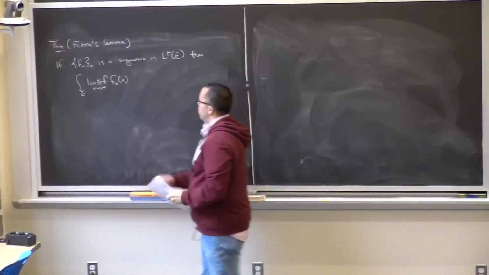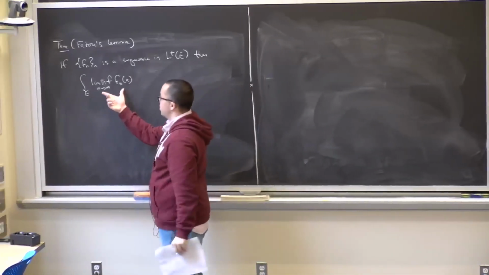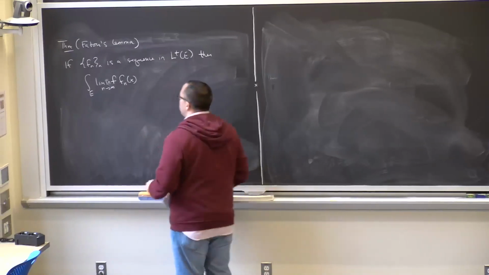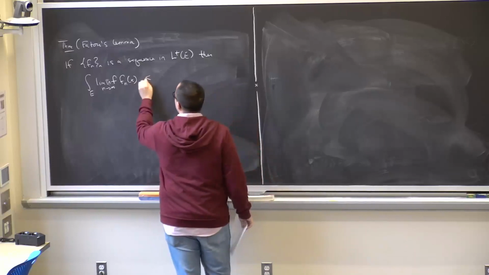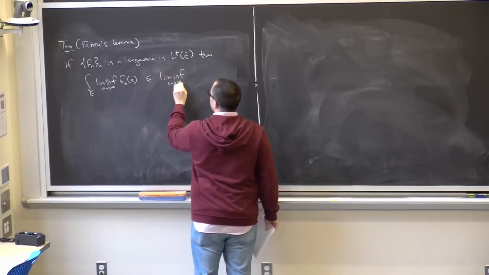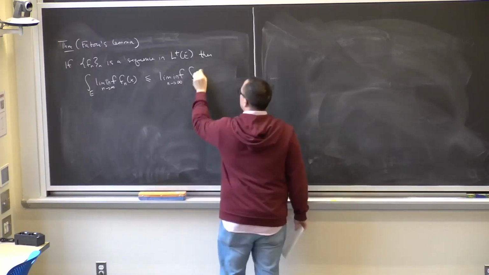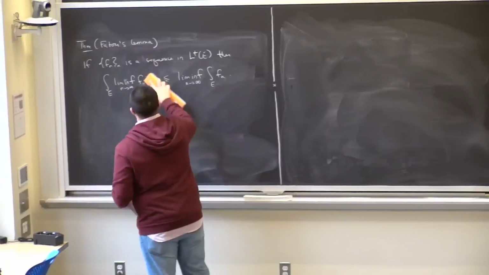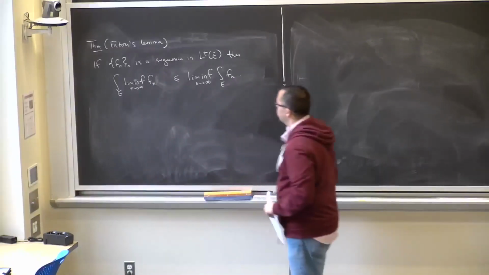This is a function. Okay, for each x, I take the lim inf as n goes to infinity of f n of x. This is less than or equal to the lim inf as n goes to infinity of the integrals of f n. So let me state it this way.